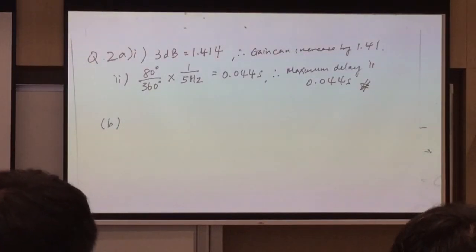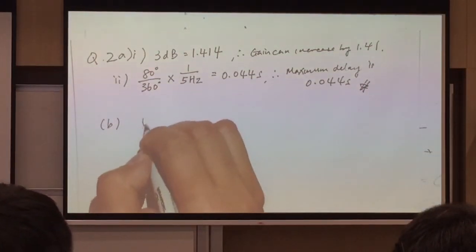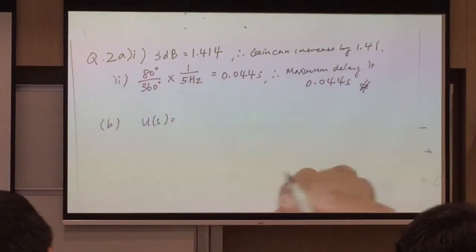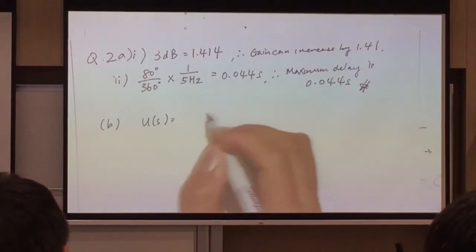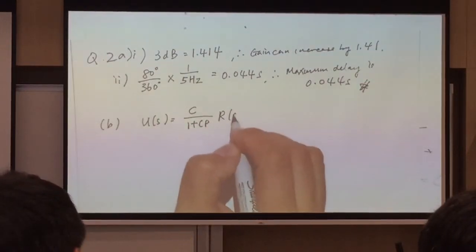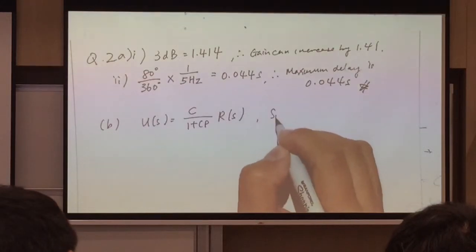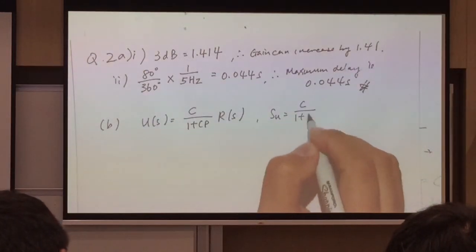Alright? So B, closed loop control. Closed loop control meaning a control signal. Alright? Okay, so control signal U(s). Alright, in your lecture notes you know that this is C over 1 plus CP of R(s). Okay, because you know that U/R is C over 1 plus CP.